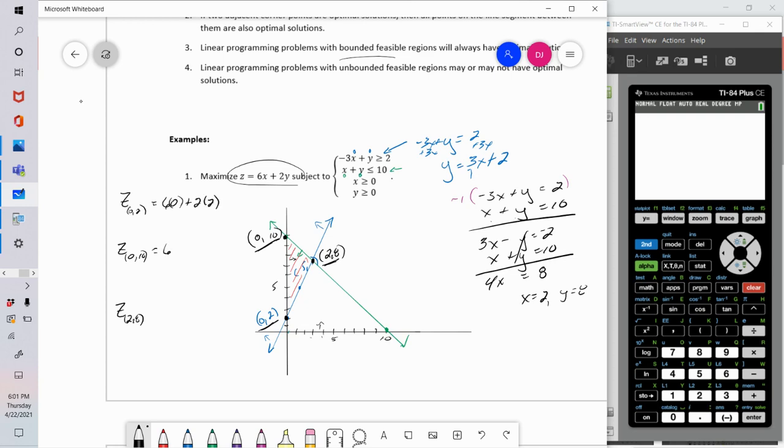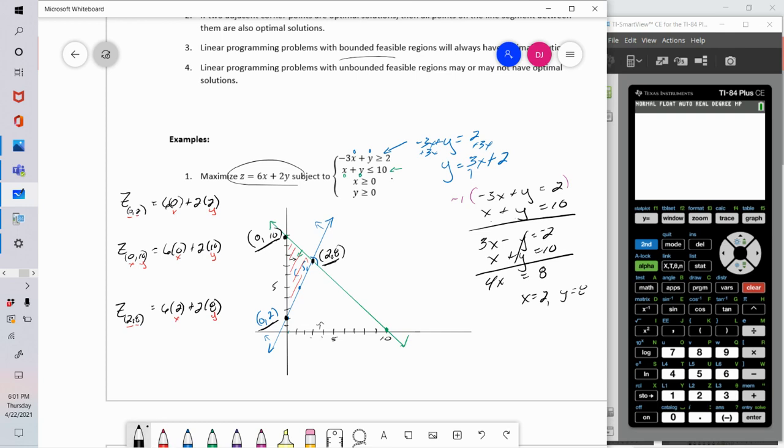We're going to put 0 in for x and 10 in for y. And we're going to put 2 in for x and 8 for y. In other words, we took this point 0, 2, and substituted the 0 for x and the 2 for y. 0, 10, excuse me, we put the 0 for x and the 10 for y. For 2, 8, substituted 2 for the x and the 8 for the y.